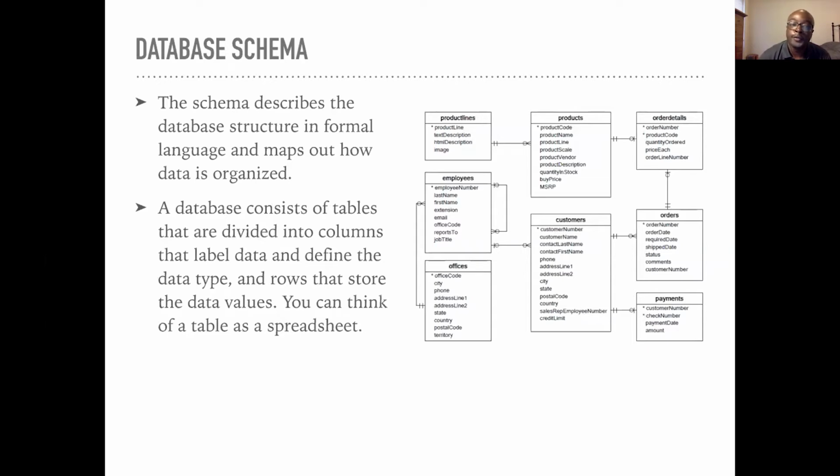The columns label data and describe the types of data that will be stored, and your rows store the actual values. So a database table is basically a spreadsheet. Your schema describes what your database looks like and the information it holds.